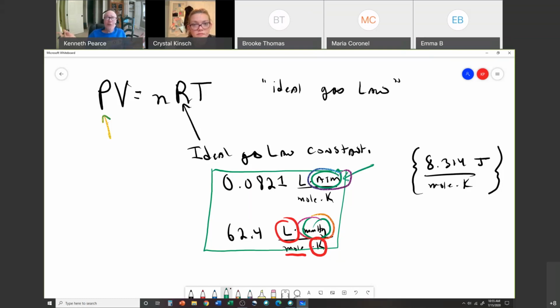That's another reason why I've said all along, whatever you do, always use units. Why do we use units? Because we can cancel them. Well, here's another reason to always use units: if you don't use units, you don't know which R to use.